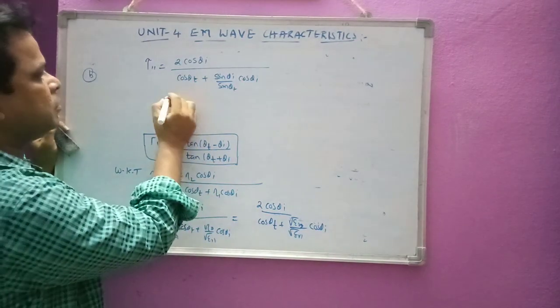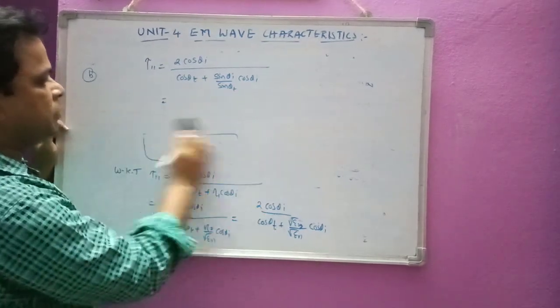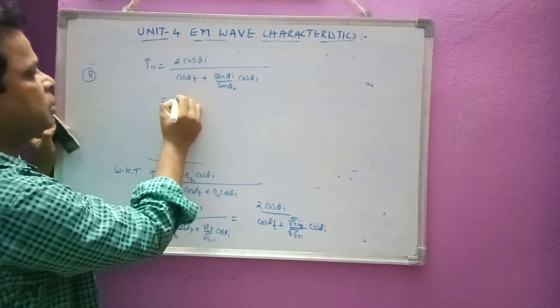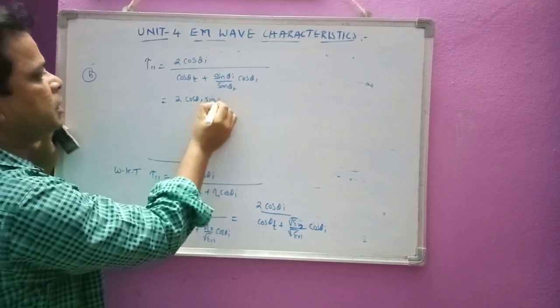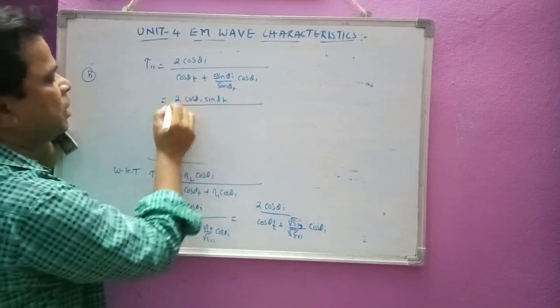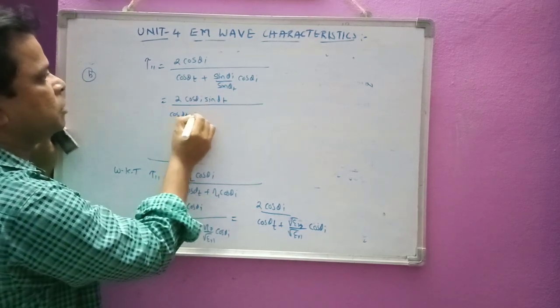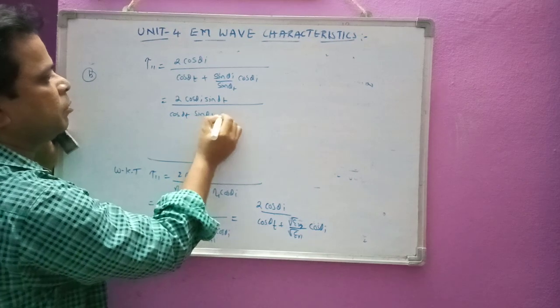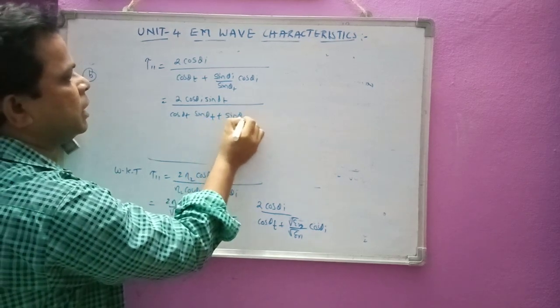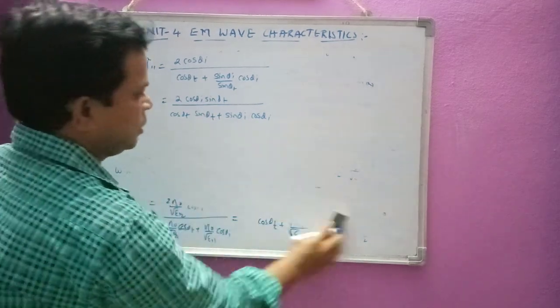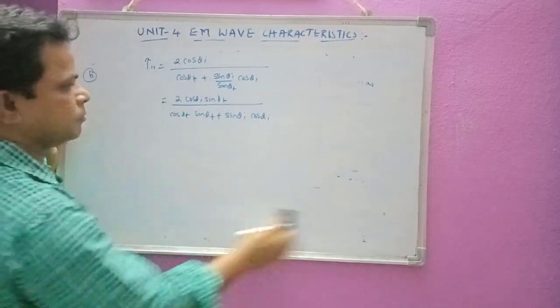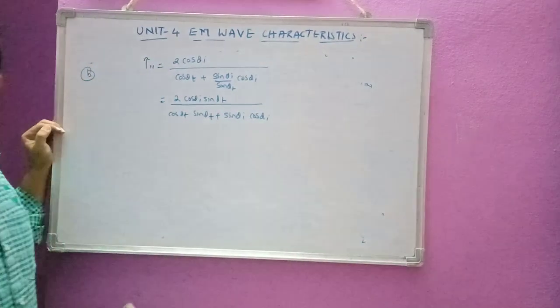Now if I take the LCM here, it will be going to the numerator, that is 2 cos θi into sin θt, by cos θt sin θt plus sin θi cos θi. Now I have to do some modifications here.